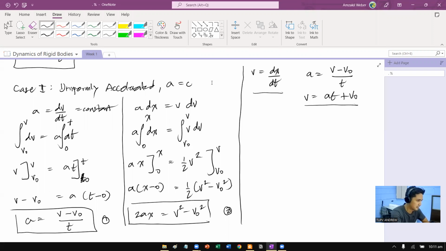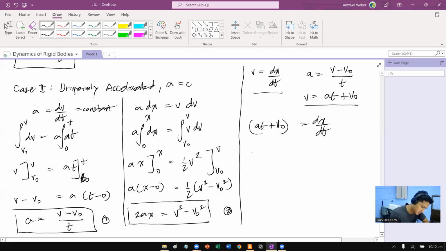If any one of you has the answer to that, please message in the chat box or message me personally. I really forgot the reason, but since they are the same, we can equate them: a t plus v naught is equal to dx dt.